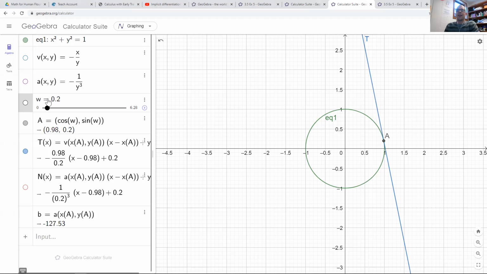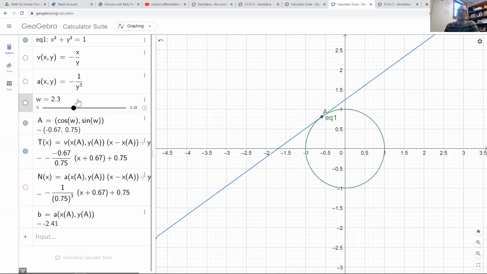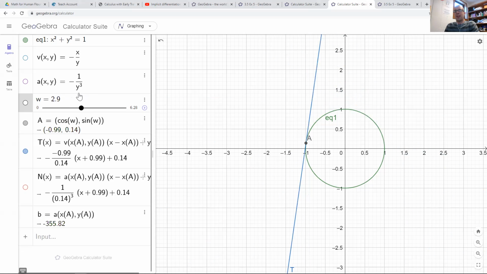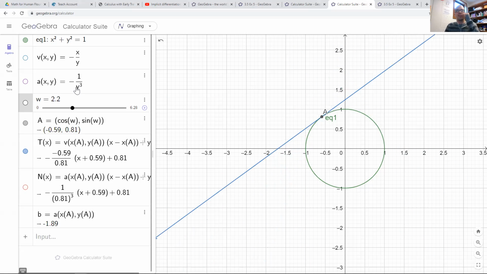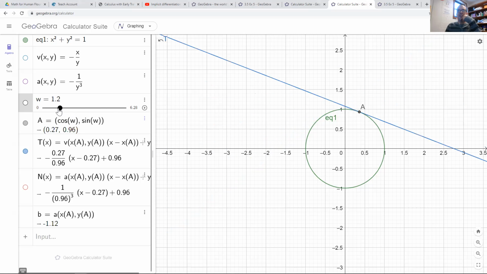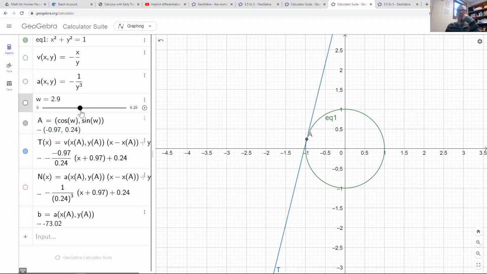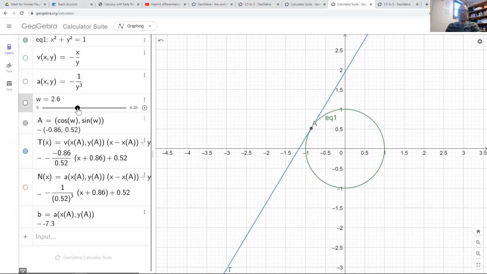So, yeah, when the Y value, which is the only thing at the bottom of the second derivative, is positive, the value of the second derivative is negative.